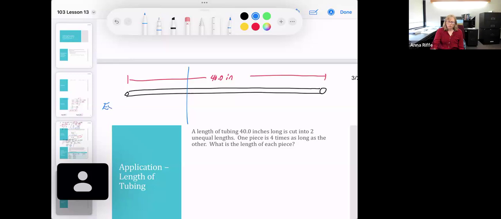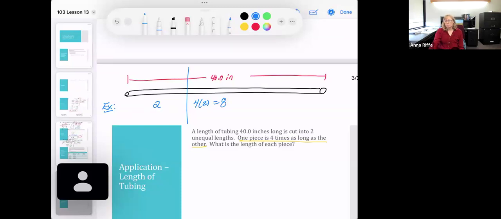Let's just say that first piece was 2 inches. Well, we're told how the longer piece relates to the shorter piece. We're told that one piece is 4 times as long as the other. So if the shorter piece is 2 inches, the longer piece will be 4 times 2 inches, which is 8 inches.